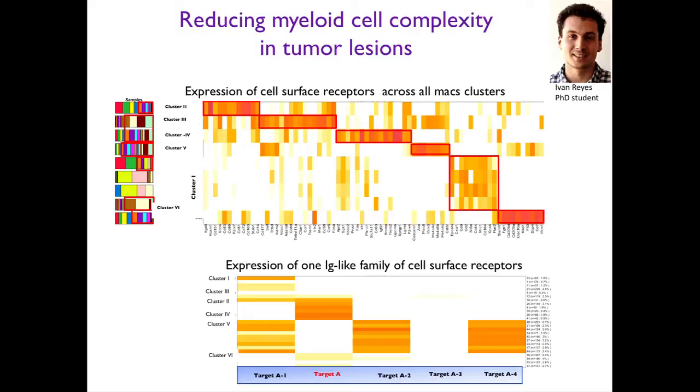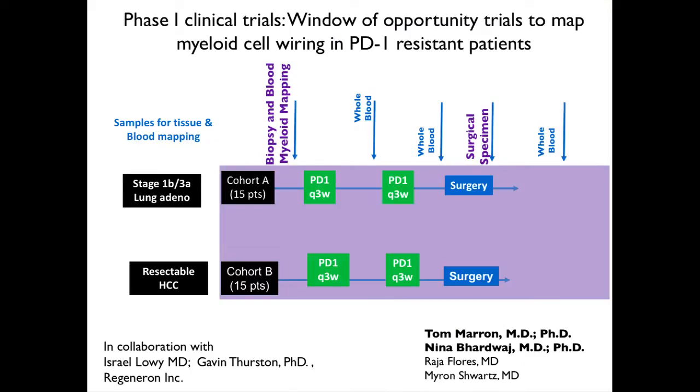And what we are also doing is looking at how these clusters are changing in patients that resist or respond to checkpoint therapy. So we designed, together with the Regeneron group, a series of clinical trials where patients with lung adenocarcinoma will receive, prior to surgery, 2 doses of cemiplimab, which is Regeneron's PD-1 blockade.